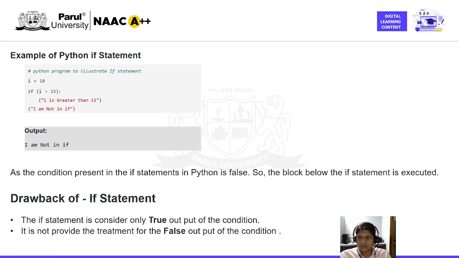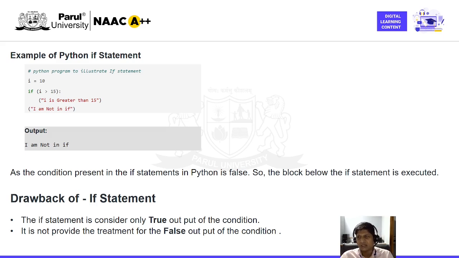Now, the drawback of the if block: the if statement considers only the true output. It does not provide any solution or treatment for the false output. You know very well that any given condition has two outputs, one is true and another is false.